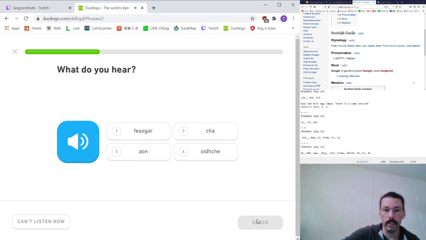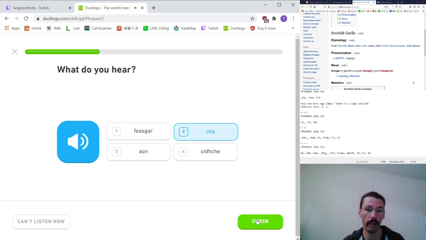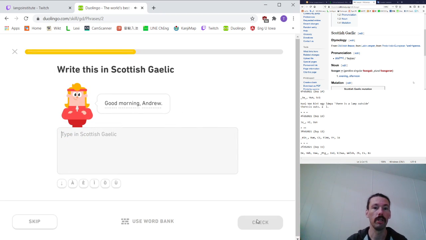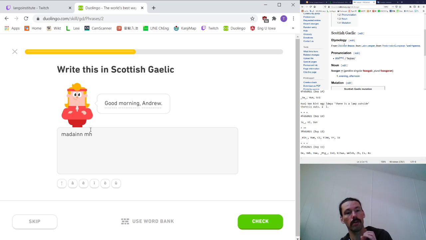Oidhche. Yeah, wow. Feasgar. Do you know what it means? Madainn mhath. Is it like that? Mhath. The H, you can think of it as softening the M. What I mean by softening is instead of a complete closure, M, we do a partial V, closure of the lips.